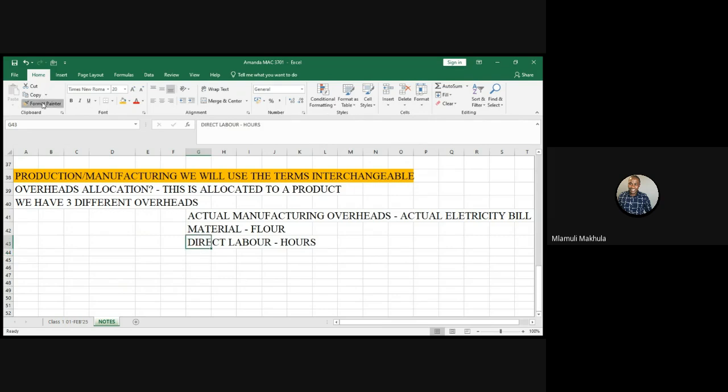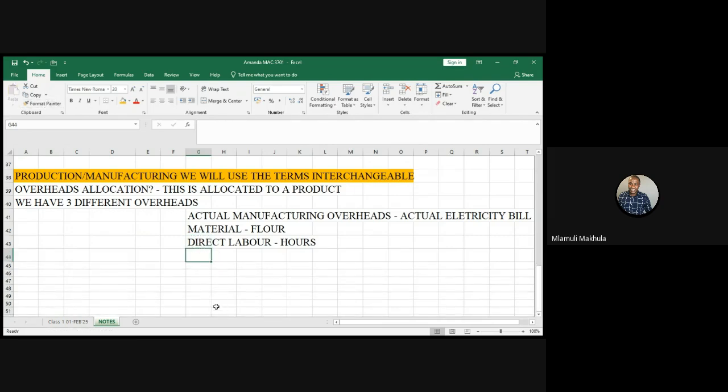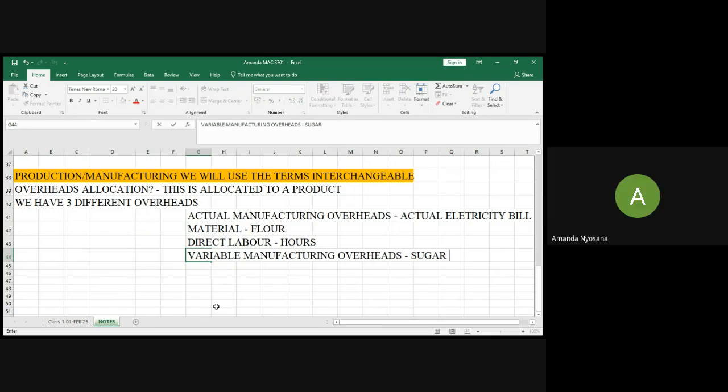We don't have a problem with your sugar, your salt. Why? This is your variable manufacturing overhead. We know that if we produce 10 amagwinya, we use 2 kg of flour, and if we produce more, we'll have to buy more sugar. Are you with me?